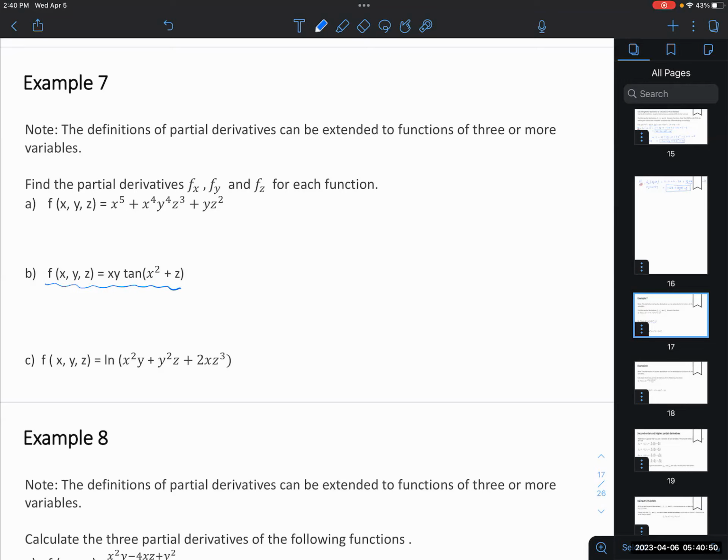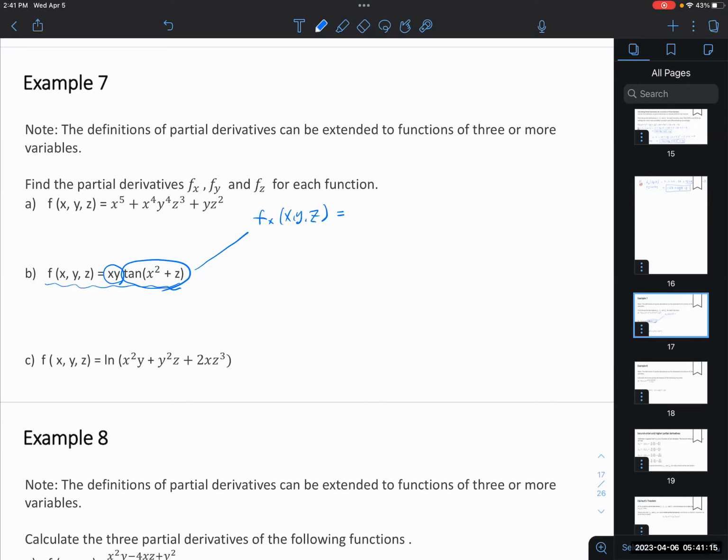In this case, first, f x, y, z. I'm going to separate two things, okay? xy times these two functions. So maybe we can consider the product rule, and obviously y and z this time are constant.